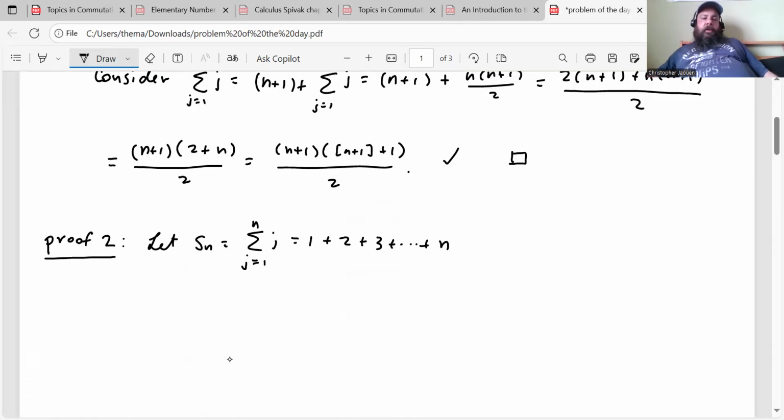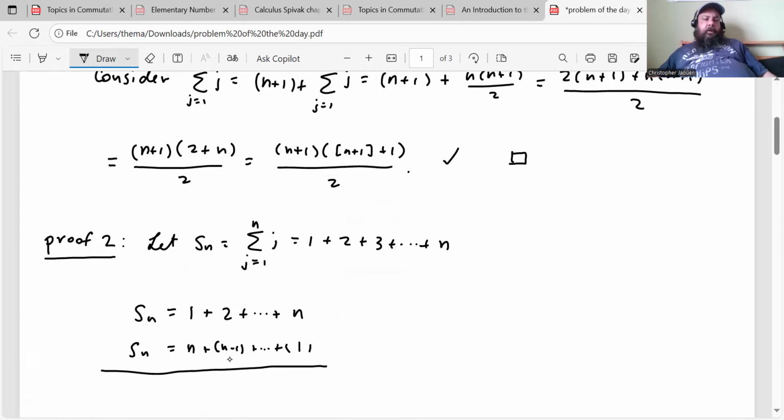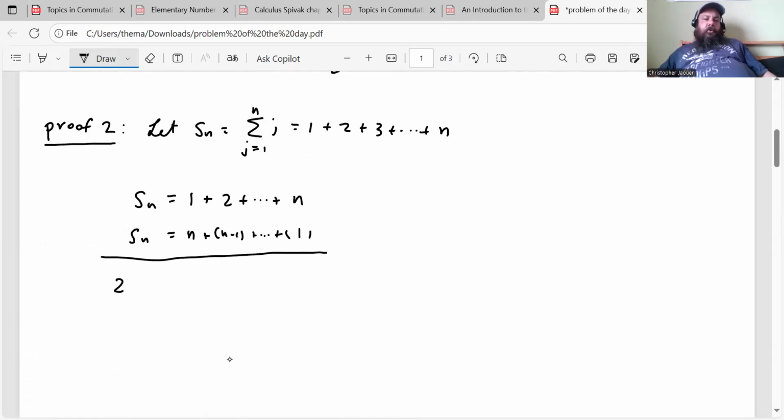Then what we do is let me just rewrite this so it's easier to see what I'm going to do. If I add another copy of Sn, but just with the order of the terms rearranged, this is n plus n minus 1 plus all the way up to 1, and I add these together, you get 2Sn on the left-hand side, and on the right-hand side, you get n plus 1 plus n plus 1, all the way up to plus n plus 1.